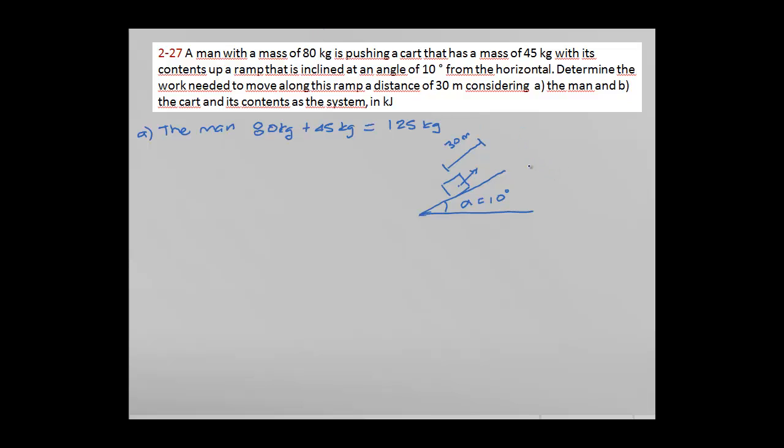Okay, so we are going to draw rotated axes. We know that we have 125 kilograms. We need to multiply this times the gravity acceleration to get weight. We know that this angle repeats at the intersection of the perpendiculars.